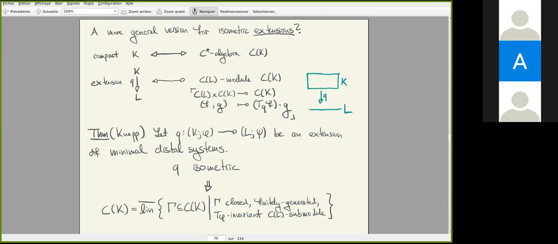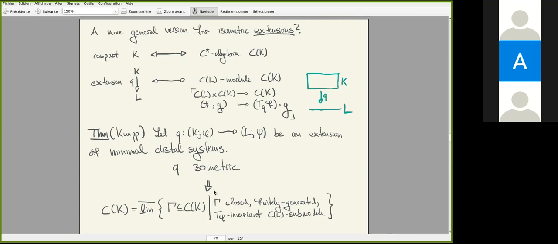And then you go to the setting of modules, and then you get relative versions of all these things. And finite dimensional subspaces become finitely generated submodules, and so on. Okay. And if you are already familiar with the definition of discrete spectrum in ergodic theory, then this looks very familiar.